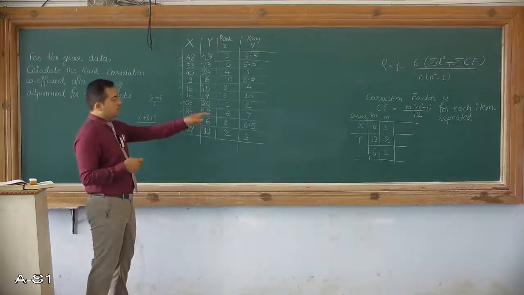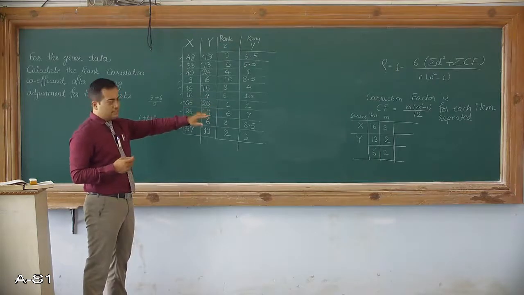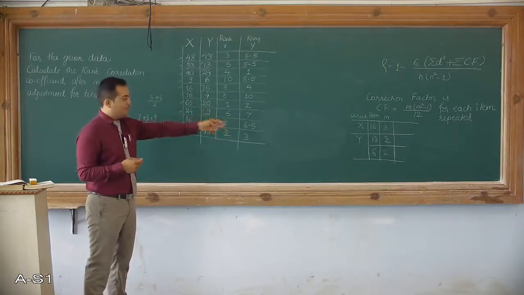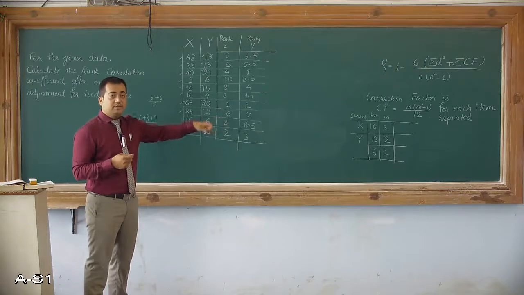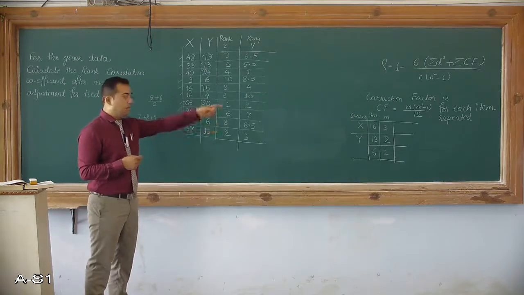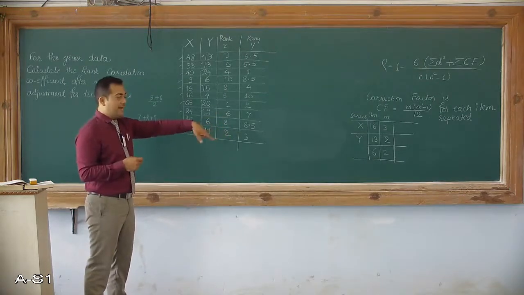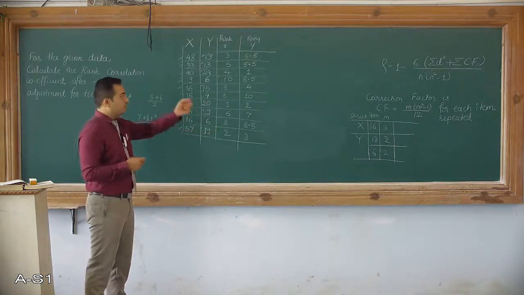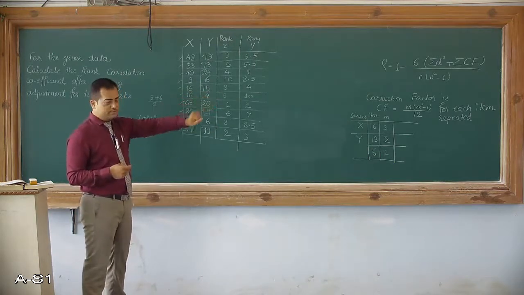So for 16 from the X series, then 13 from the Y series, and also 6 from the Y series, we need to calculate the correction factor for all three of them. Then the addition of the correction factors needs to be put into the formula. We have to substitute later.